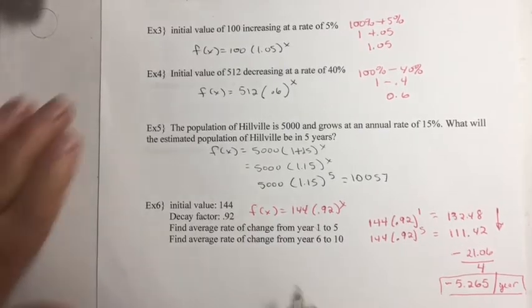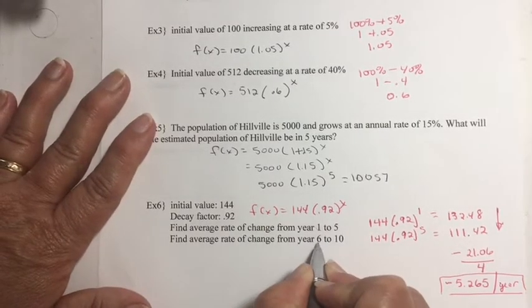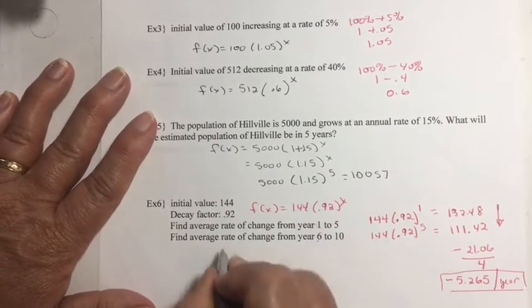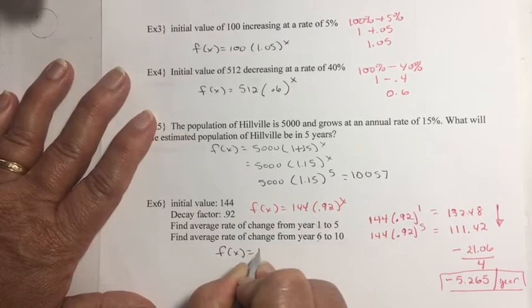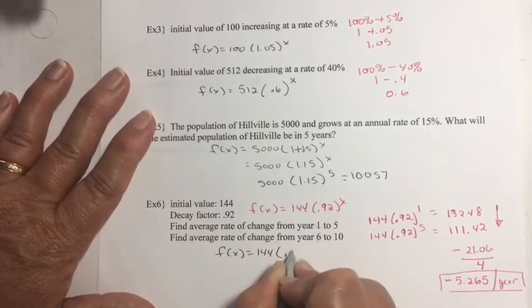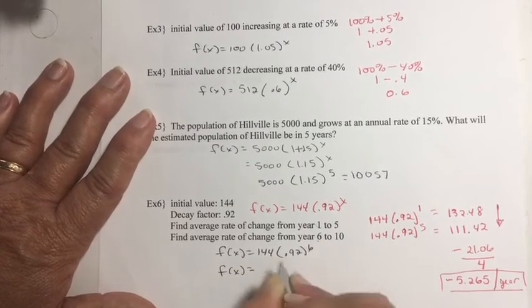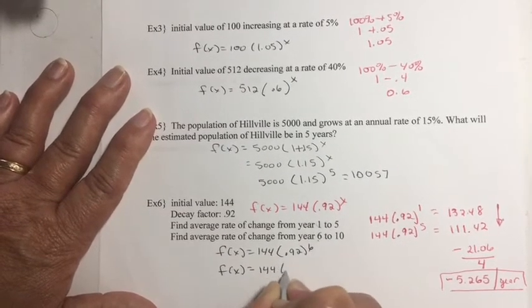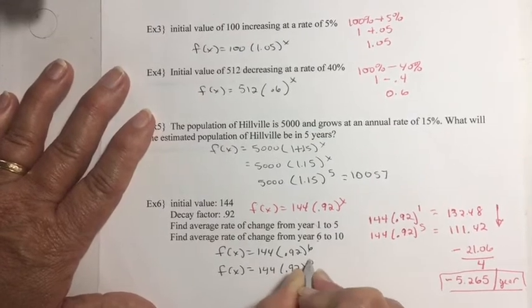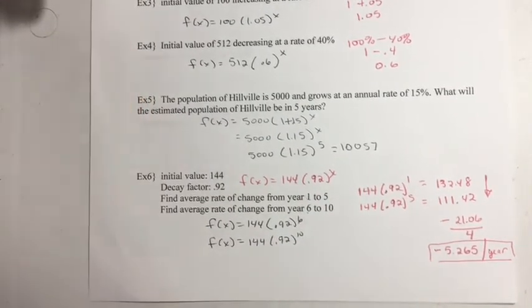All right, I want you to do the same thing now for the 6 years and the 10th year. Notice in this case, it is also a period of 4 years. Okay, go ahead and pause the video. The next screen you see will have the answer.